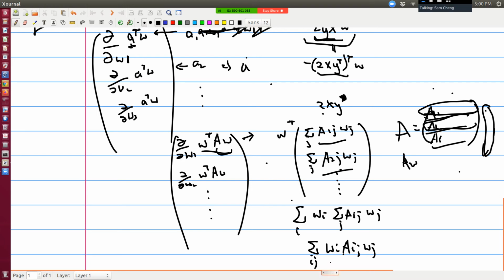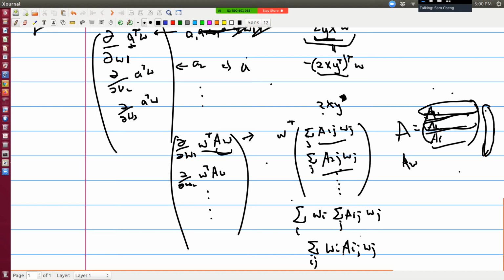If I have both i and j not equal to 1, then those terms will just be equal to 0. So the only terms remaining are either i equal to 1 or j equal to 1.